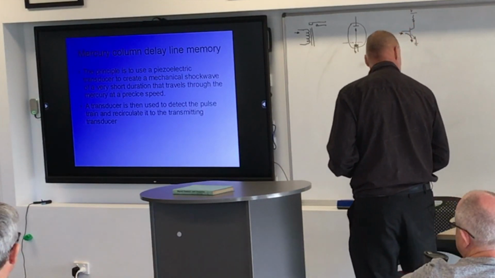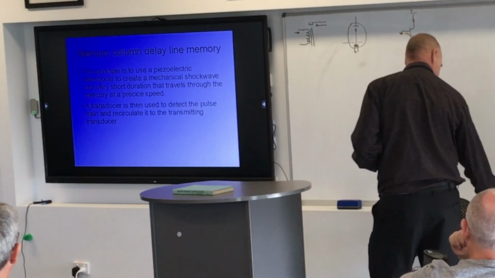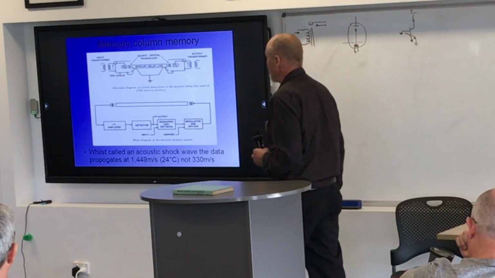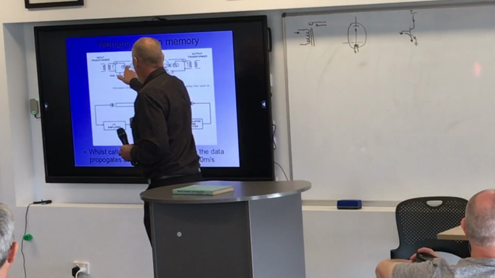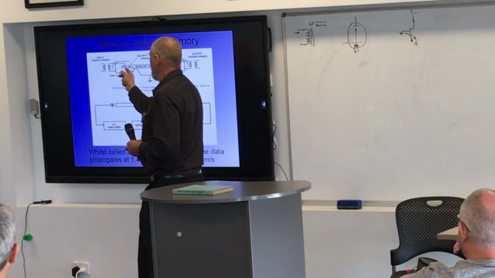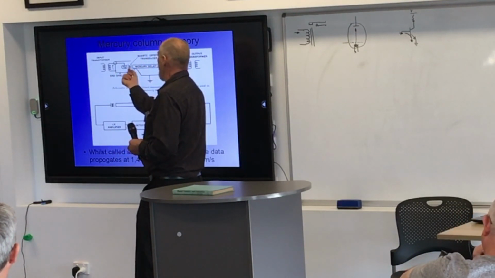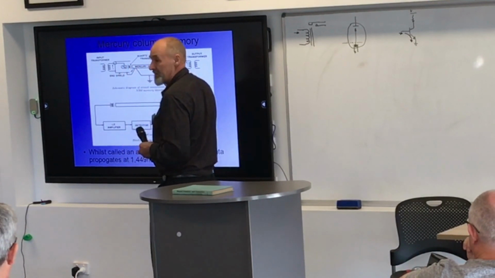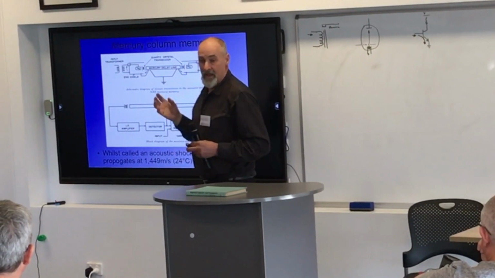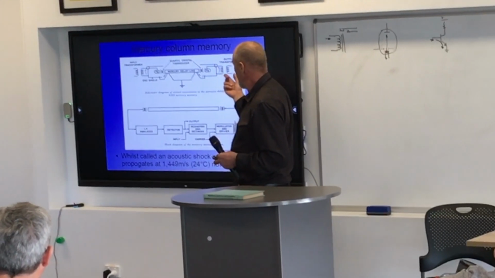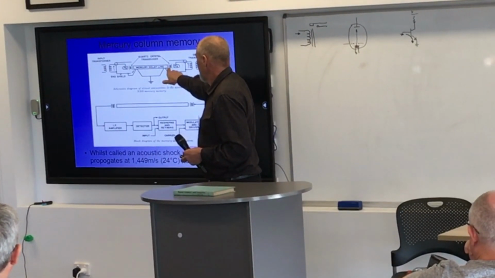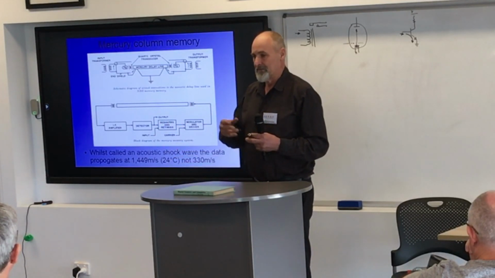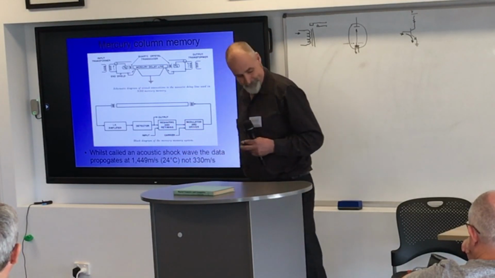So with Mercury Column memory, they used a piezoelectric transducer, and it basically, when you put a sharp pulse on that, a pressure wave flies down the delay line, comes out, hits the piezo transducer, and the signal's detected with that, and then regenerated, and had the clock reloaded as well.